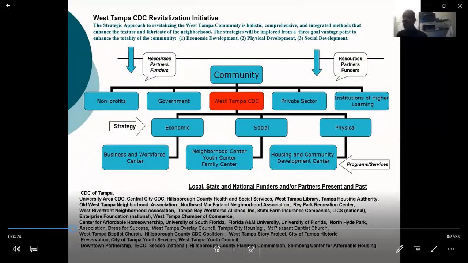A CCI is what's known in the industry as a community comprehensive initiative, an initiative that looks at transforming the entire community, both the economic, physical, and social infrastructure all at the same time. And we do this from the West Tampa CDC side of the table by partnering with other nonprofits, government entities, the private sector, institutions of higher learning, and others.